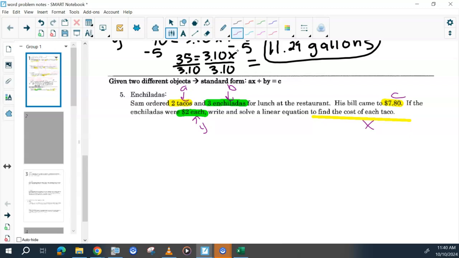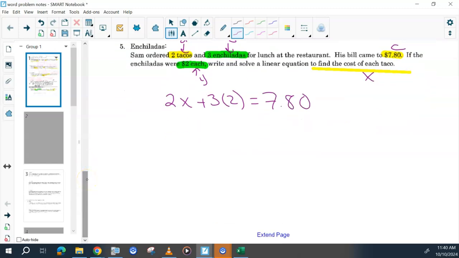So once you have each of those pieces, just like before, put those numbers into this format, the ax plus by equals c. So 2 times x plus 3, we know y is 2, equals 7.80. Yes. Okay, so we can multiply the 3 and the 2.